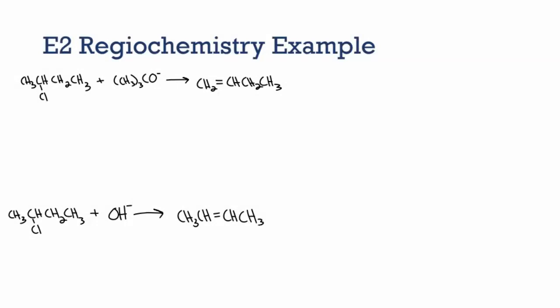So, I can see here, this is bulky, right? A bulky base means that my major product will not be the most stable. It will be the opposite. Let's go through something like that.